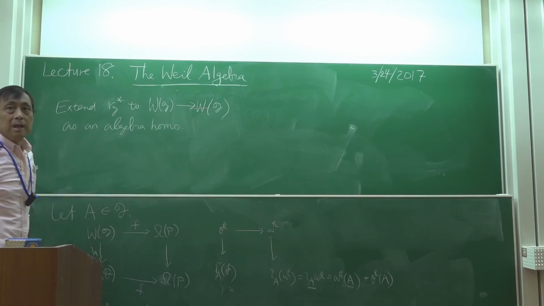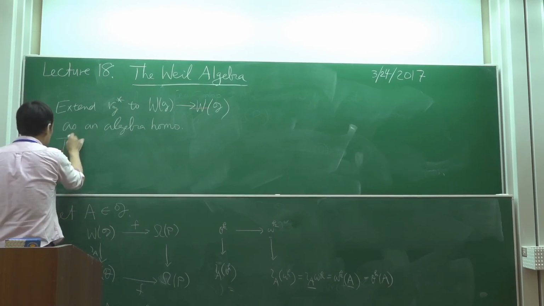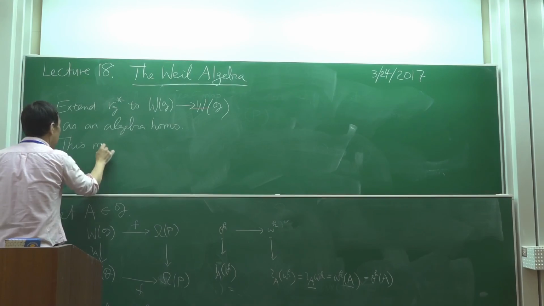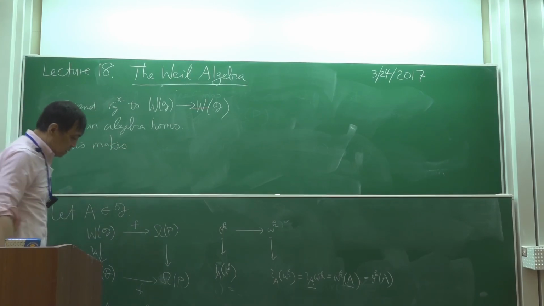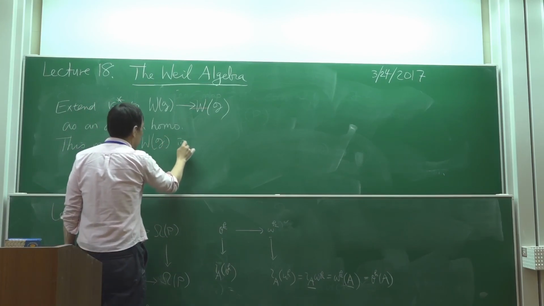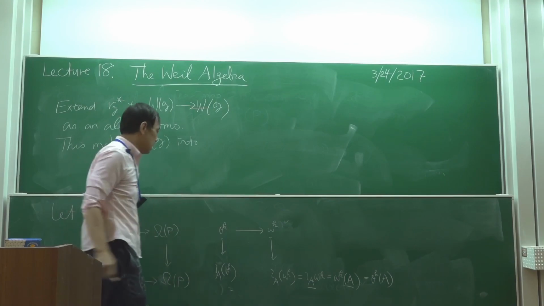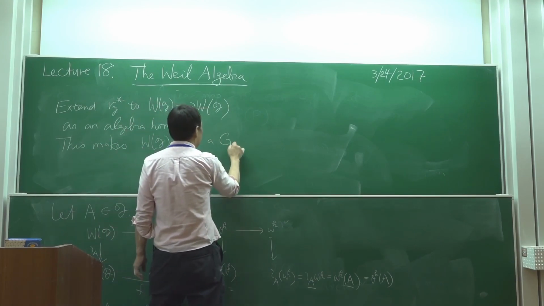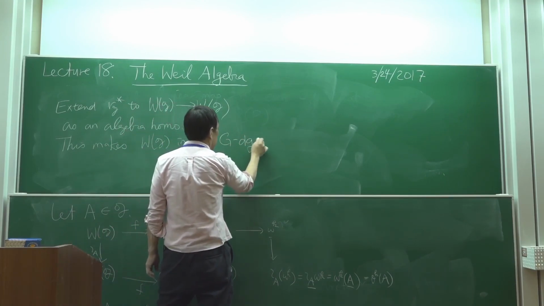Okay? So this makes the Weil algebra into a G differential graded algebra.